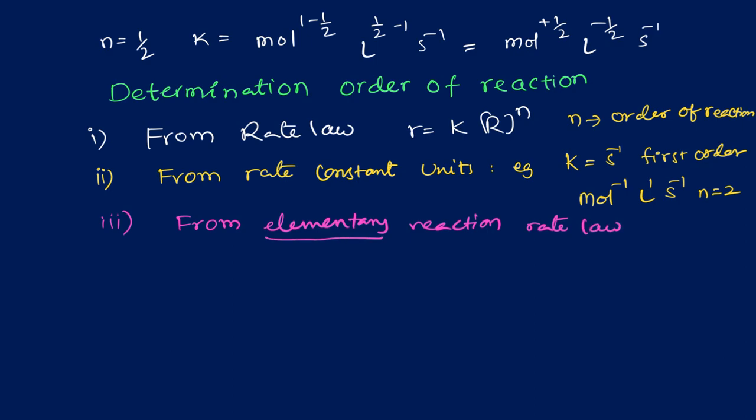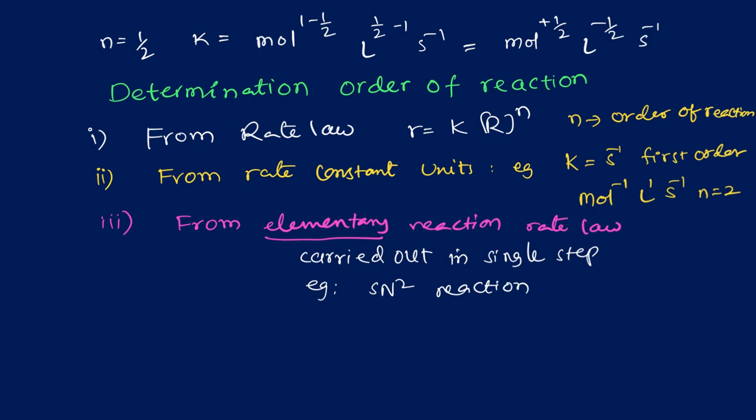The reaction which is carried out in a single step. Example, SN2 reaction. SN2 reaction is bimolecular but order is equal to 1. Sorry, order is equal to 2.